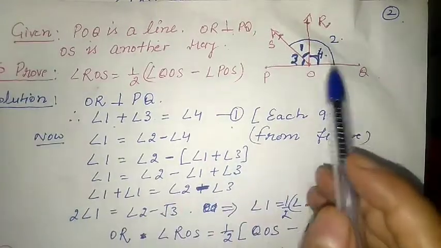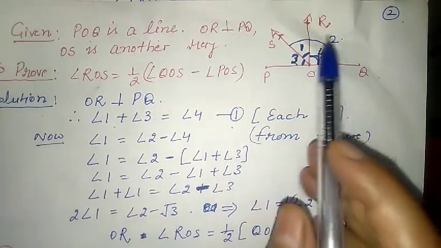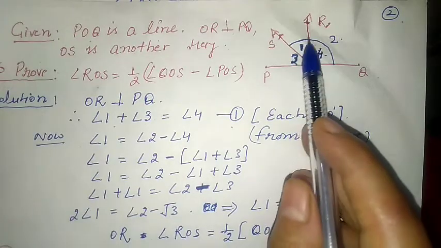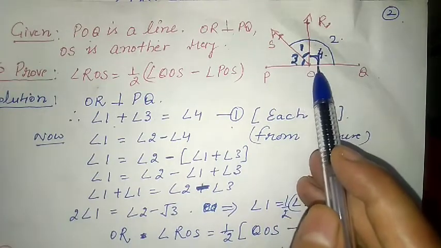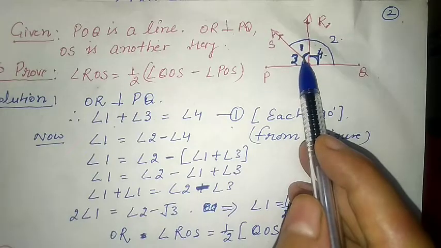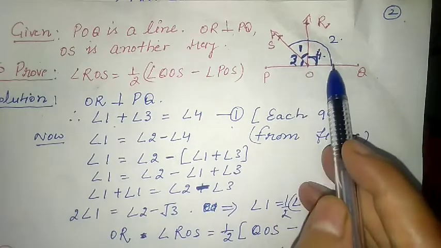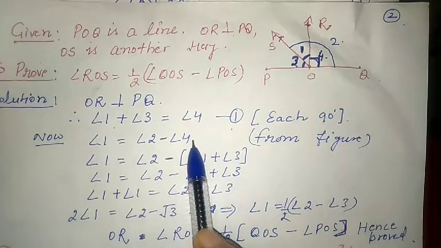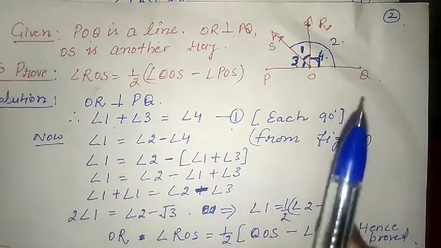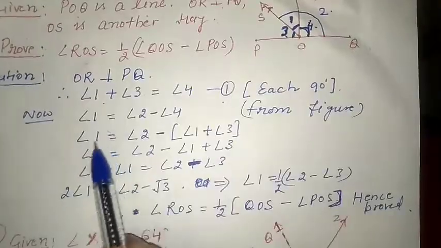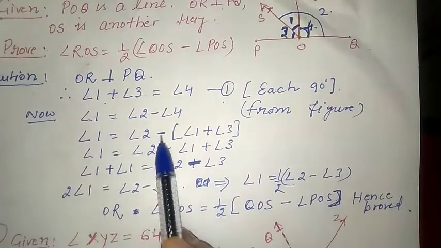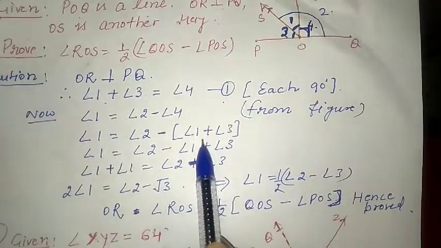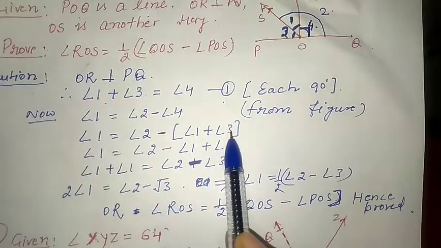Now from the figure, if we want to find angle 1 in terms of 2 and 4, we can write angle 1 is equal to angle 2 minus angle 4. This we have taken from equation first. So angle 1 is equal to angle 2 minus the value of angle 4, which we take from equation 1, and put here angle 1 plus 3.